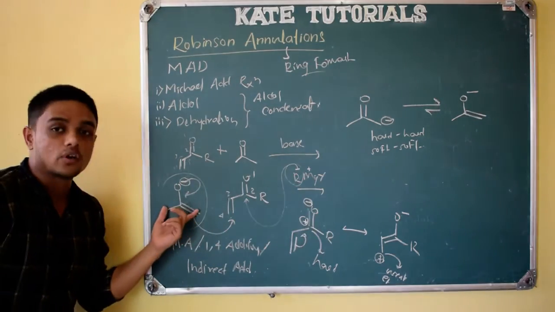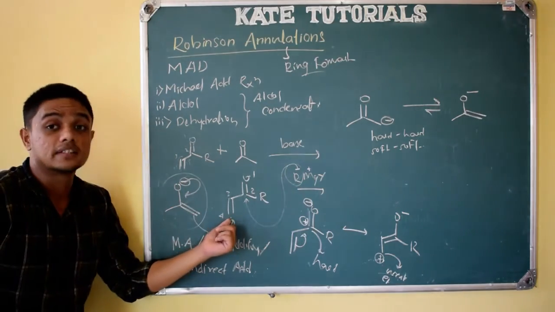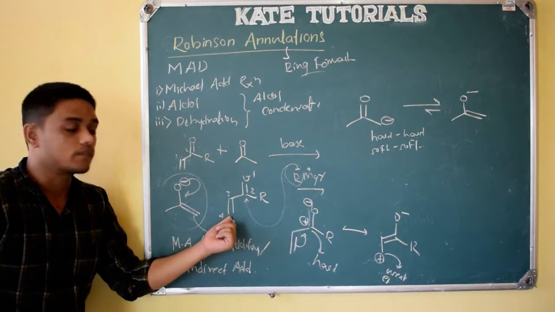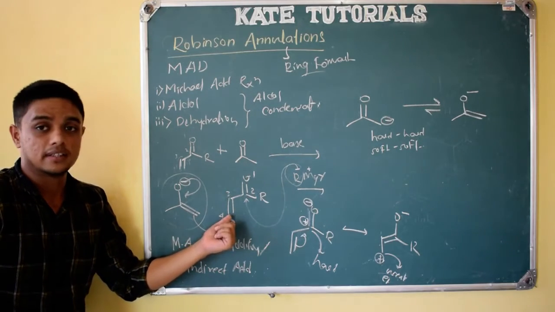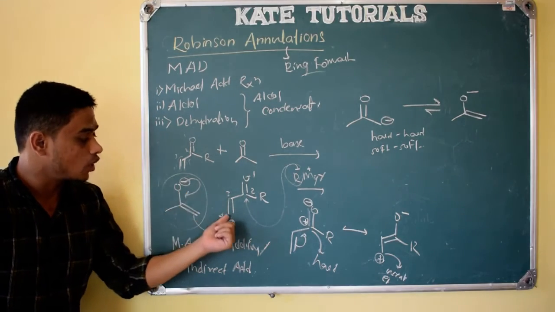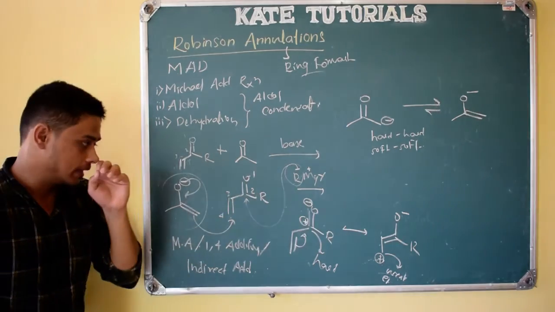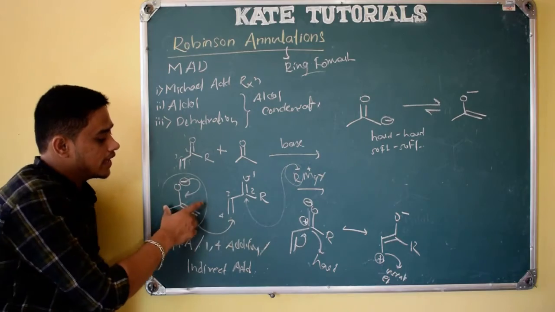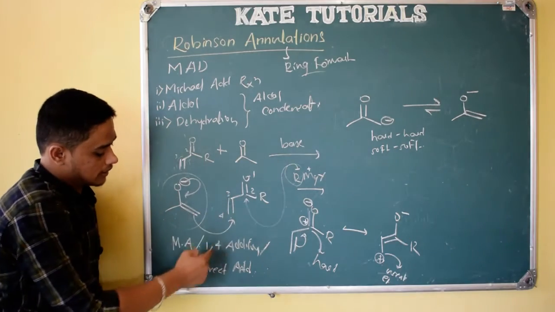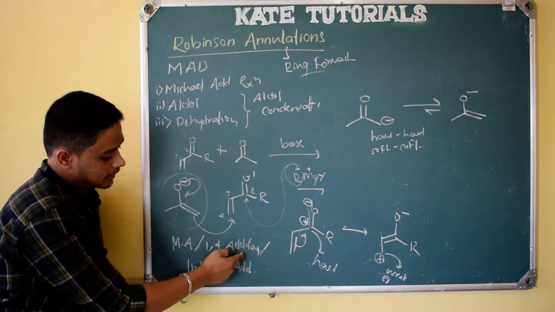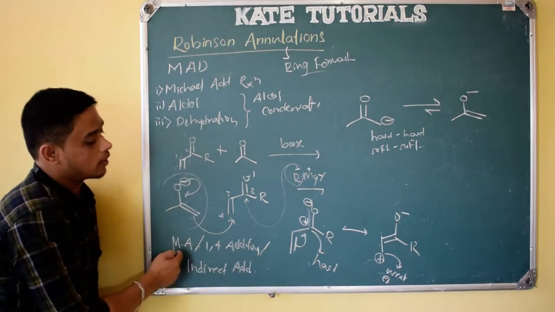If this weak nucleophile attacks this weak or soft electrophilic carbon site, then this is called soft interaction, and that product formed is also stable. See here, this weak nucleophile is attacking the 4th position, so it is also called 1,4 addition or indirect addition or Michael addition.